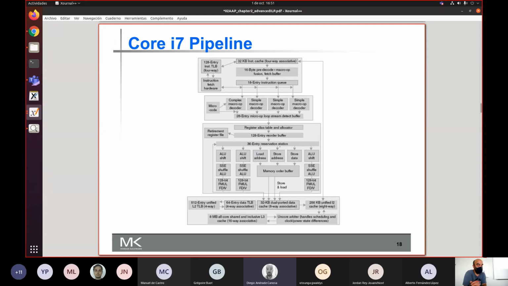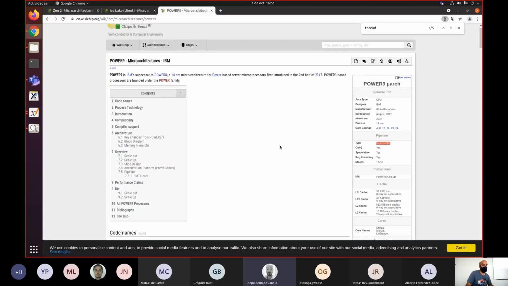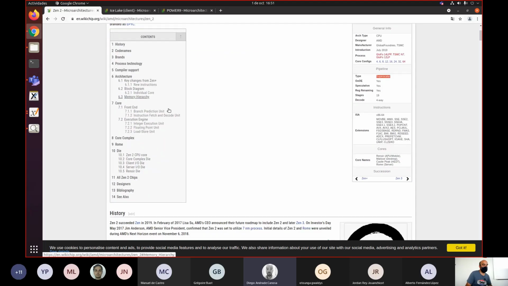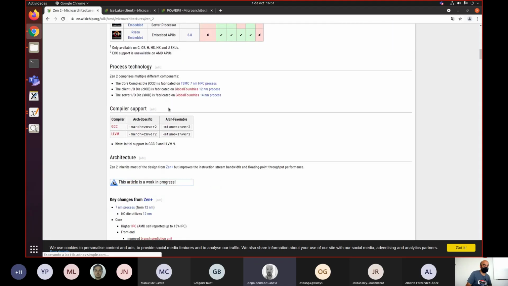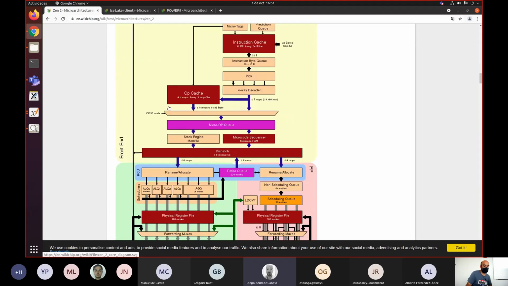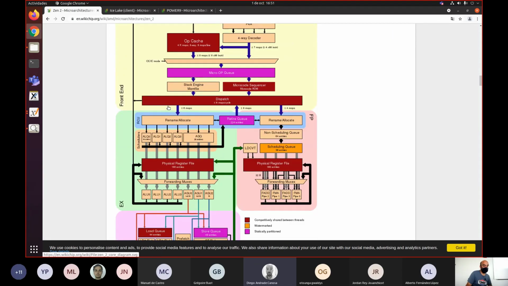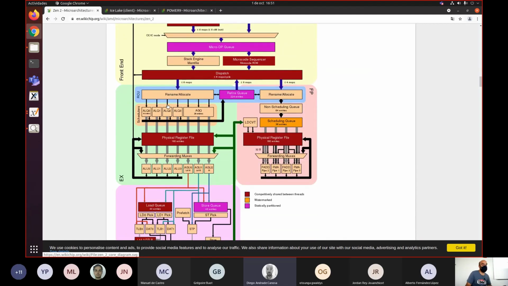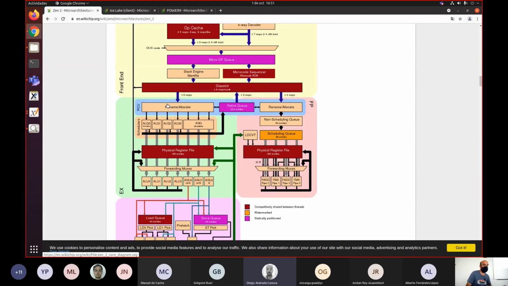In any of these three articles, you are going to find an overview of the pipeline of a single core in one of these architectures. This is the pipeline of the Zen 2 architecture, which is composed of 19 stages, okay? In Ice Lake it is also quite complicated.